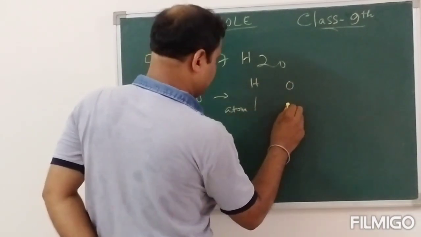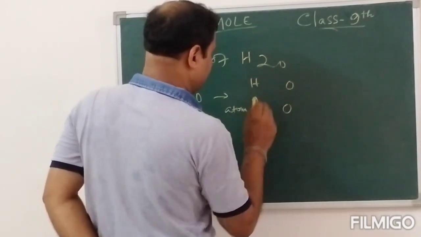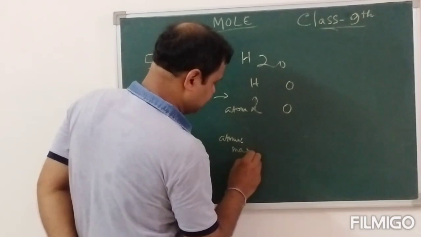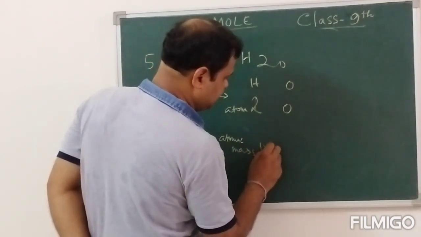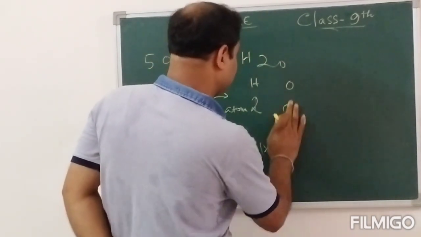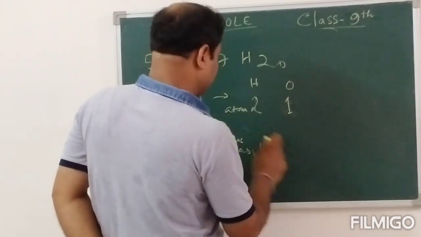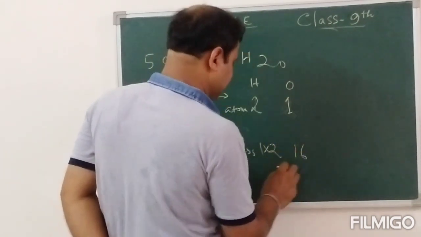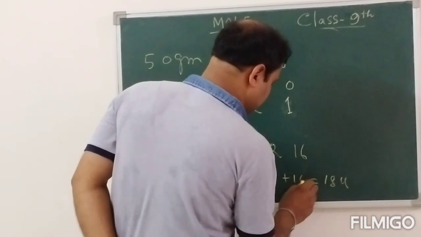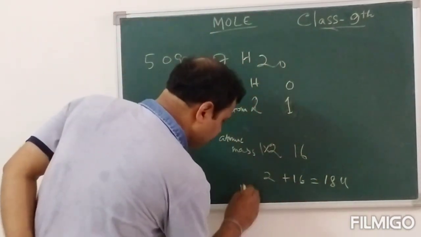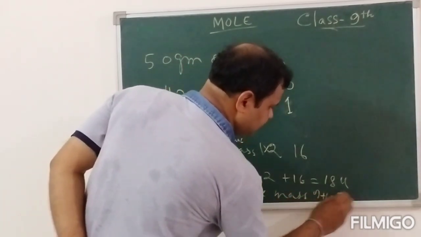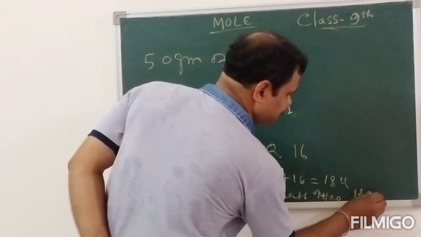The atomic mass of hydrogen is 1 into 2 atoms, and oxygen has 16, so this is 2 plus 16, which is 18 U, and the mole mass of H2O is 18 gram.